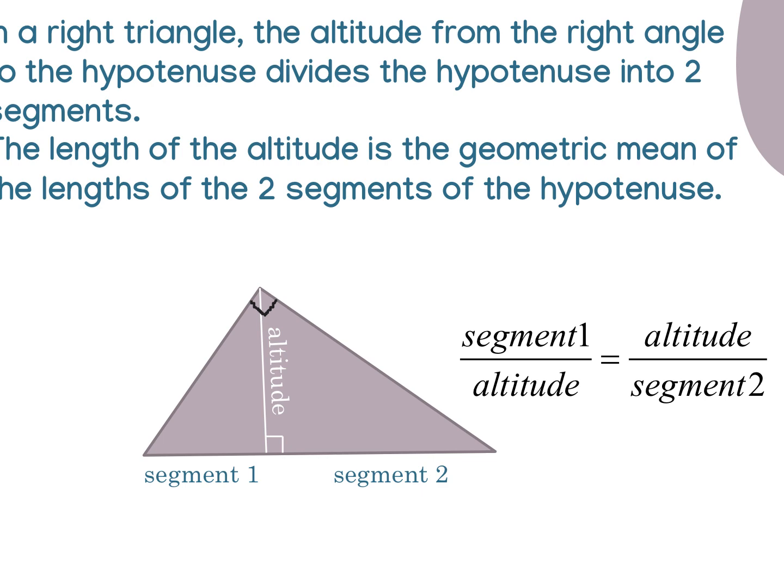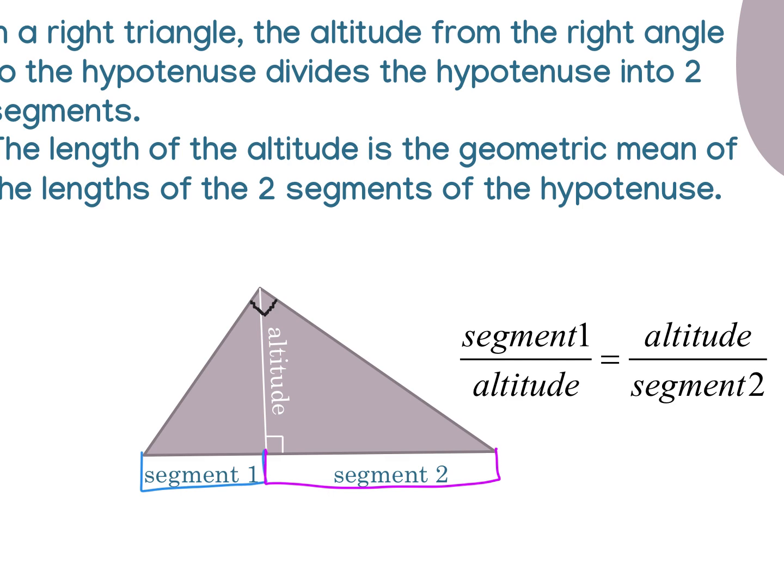Where are my two segments? Segment 1, segment 2. If you have to solve for any one of these three things here, you have to plug it into this formula, this rule, whatever you want to call it.